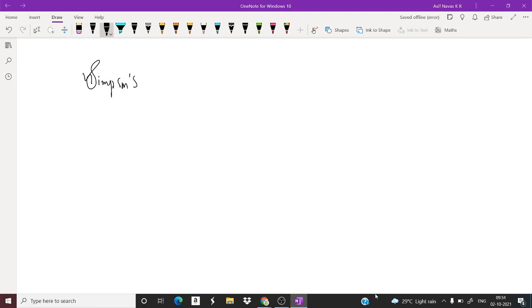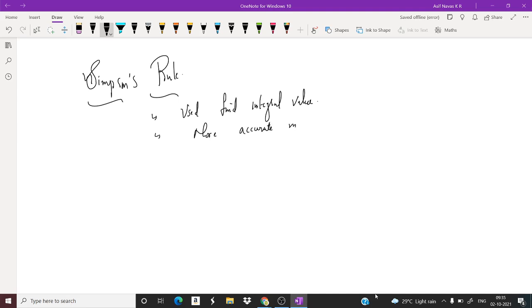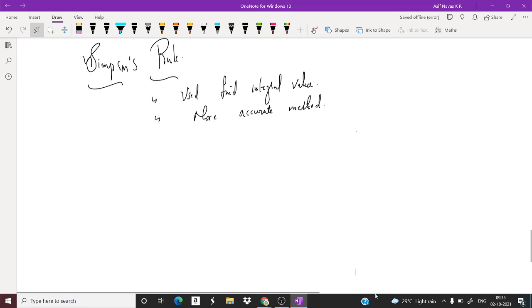This rule is also used to find the integral value, and this is a more accurate method. Let me discuss what Simpson's rule is. I am not going to derive the formula, I will just give the formula.